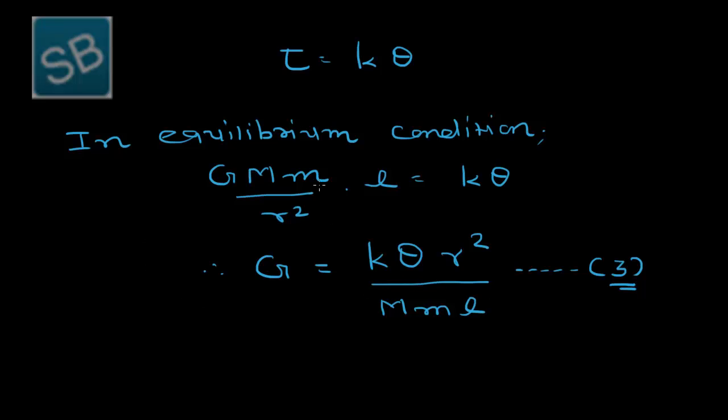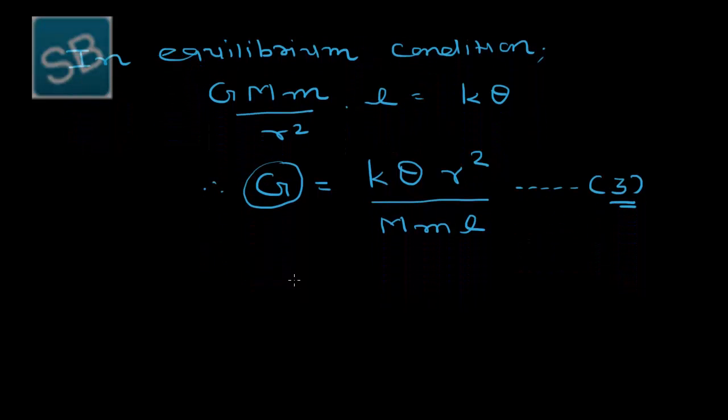So this is basically the equation in which, if you have the mass of the large sphere, the small sphere, and the length of the rod and these quantities, you can easily find the value of the gravitational constant. And here the restoring torque per unit twist, if you have to find it, is related by this equation: k is equal to tau over theta.